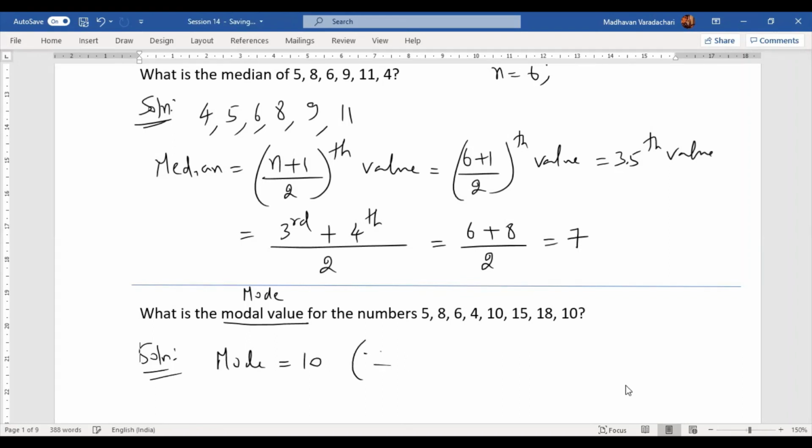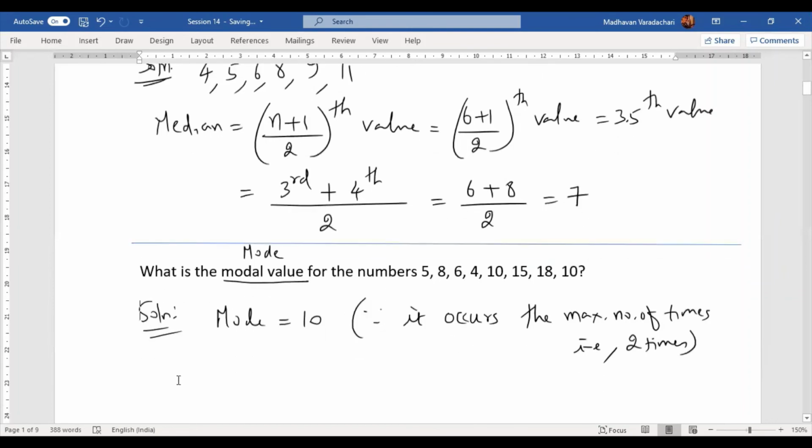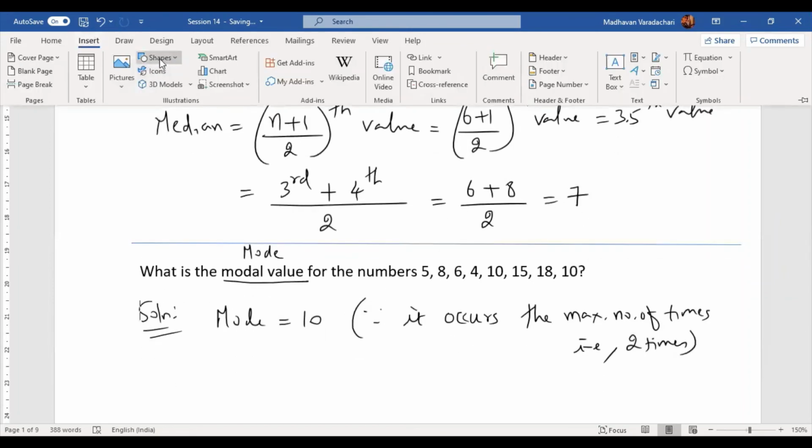I can also write that it occurs the max number of times, in this case 2 times. So that 10 becomes your mode for this problem.